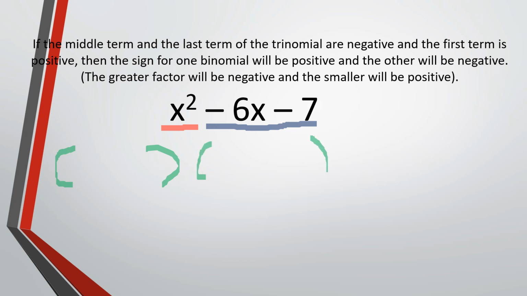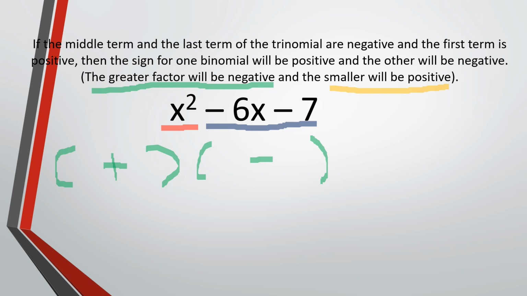According to the rule, one binomial is positive and the other is negative. But this is quite different from what we had earlier, because here the greater factor will be negative and the smaller will be positive. Unlike earlier, where the greater factor was positive and the smaller was negative.